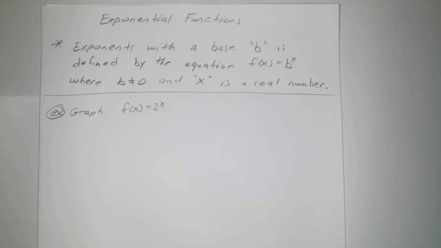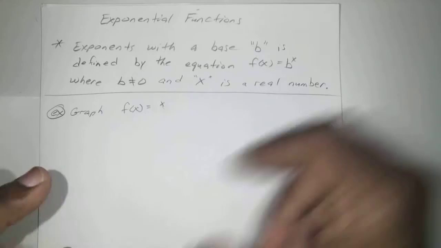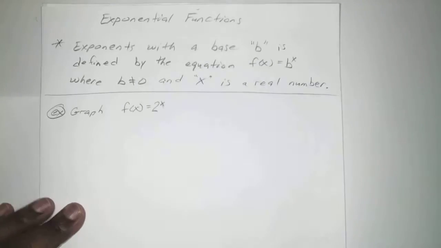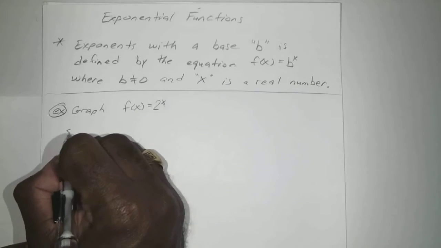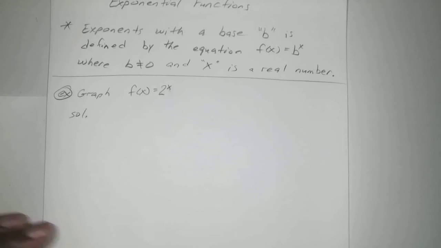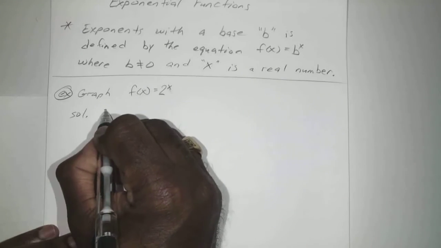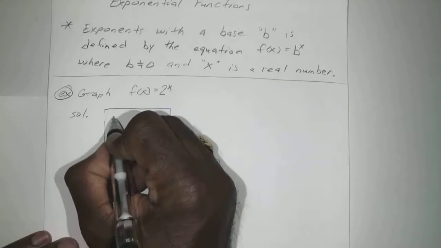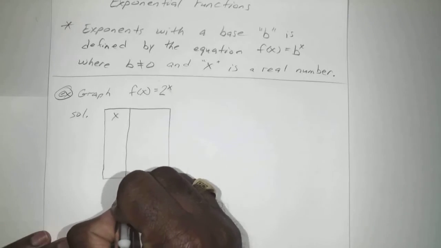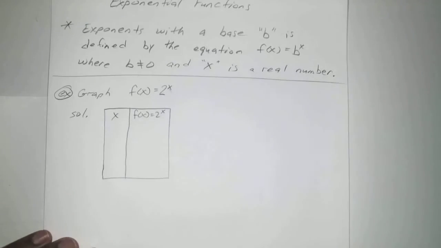Okay, so we can start off just by making a table. This is your x, and this is your f of x equals 2 to the power of x.